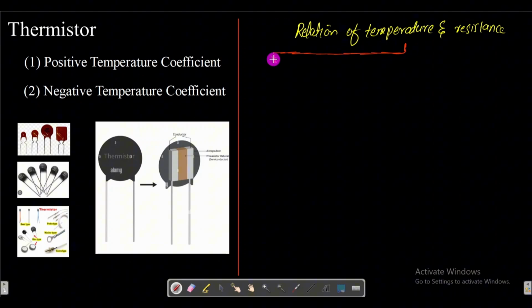So let's say we select the conductor, and then we will see this relationship for the insulators, and then we will see this for the semiconductor.